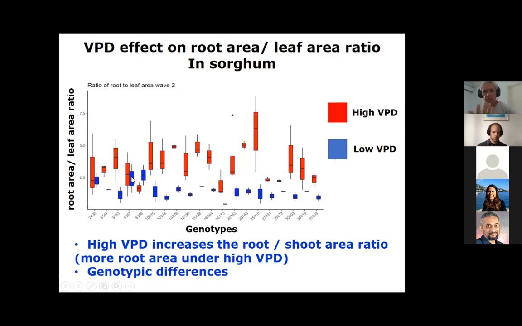So plants grown under high vapor pressure deficit tend to produce more roots relative to leaves. They get prepared to channel water to support transpiration, but it doesn't happen the same way in all the genotypes. That's the genotypic difference that we want to understand, and we want to understand how much it is related to those differences in the transpiration response to VPD.